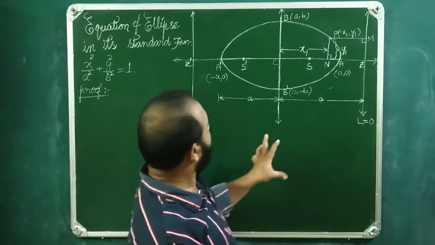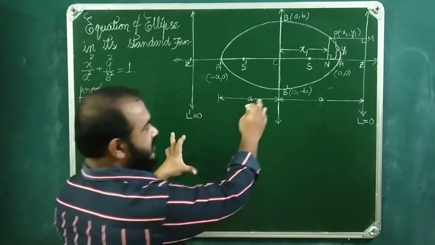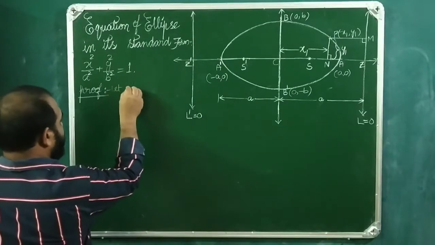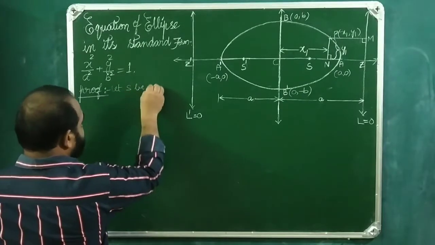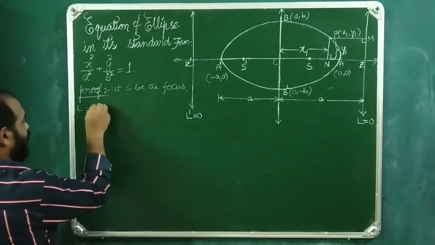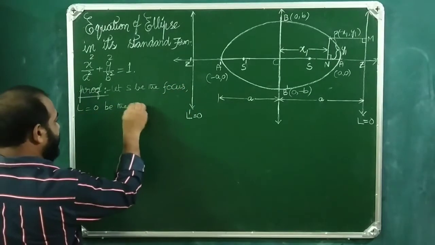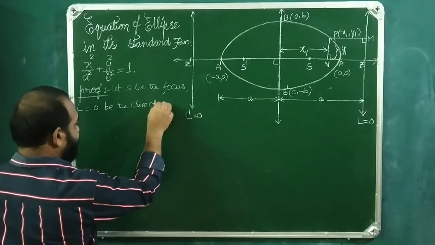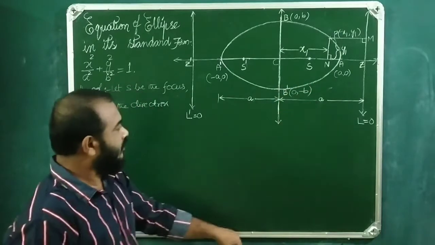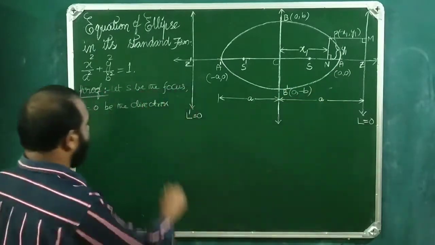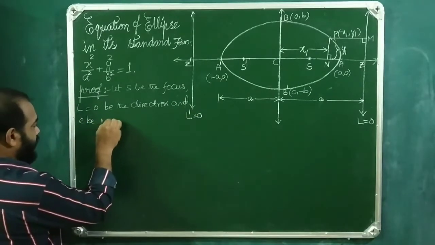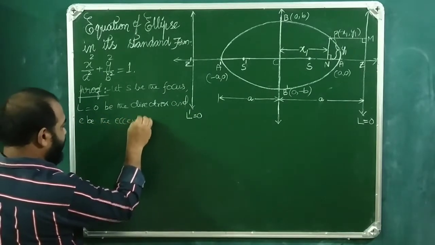So let us write all these points that we have discussed here. Let S be the focus, L equals to 0 be the directrix. Focus means it is a fixed point, this is a fixed line, and E be the eccentricity.